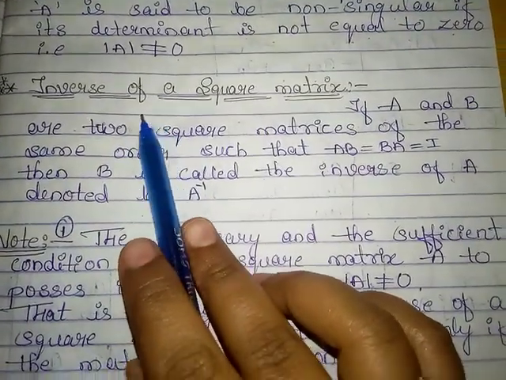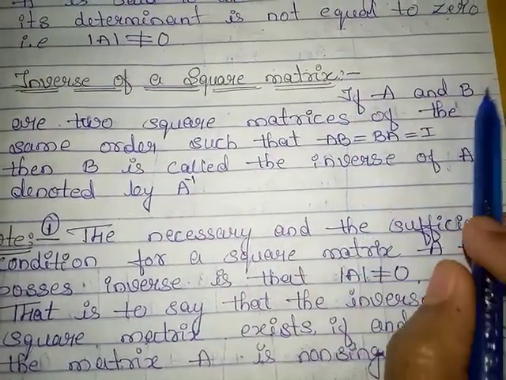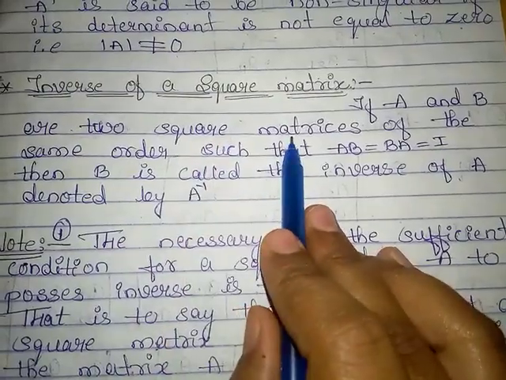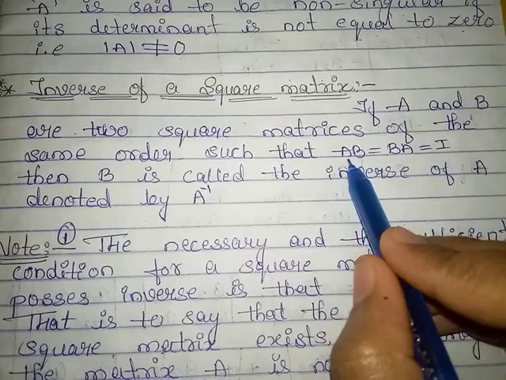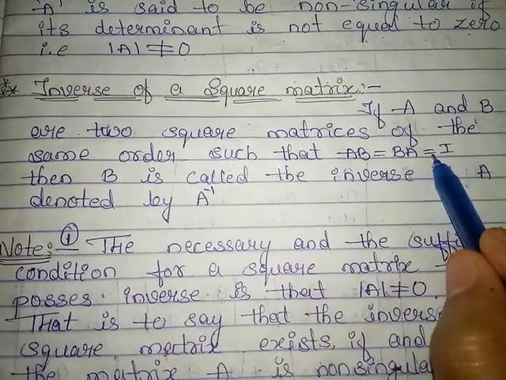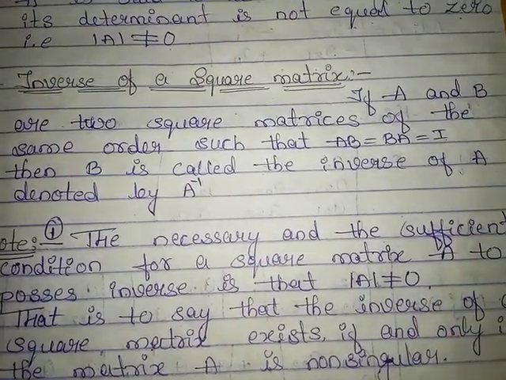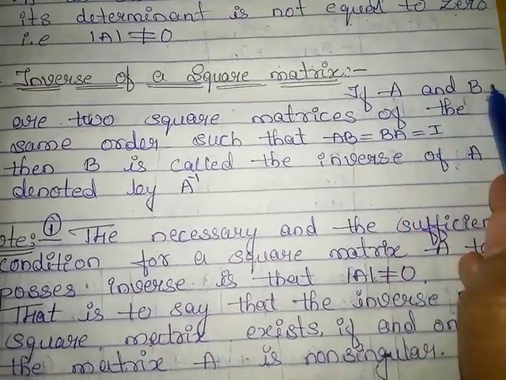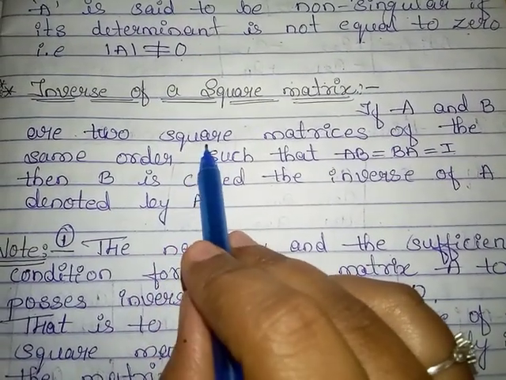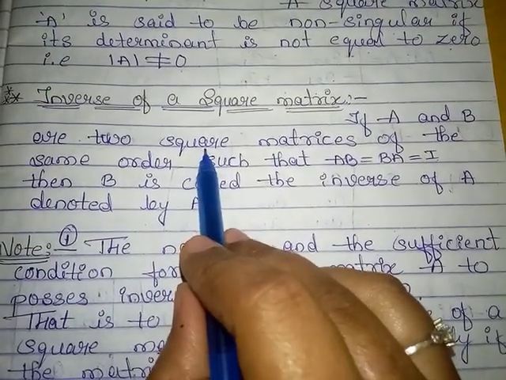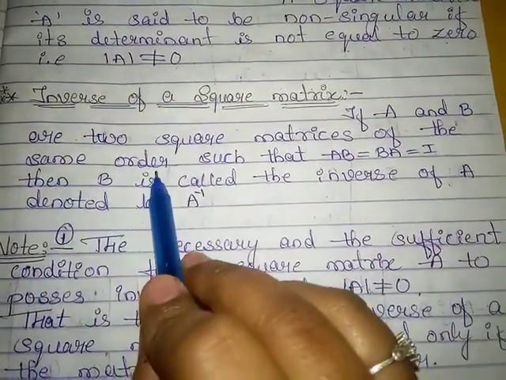Next definition is the inverse of a square matrix. If A and B are two square matrices of the same order such that A into B is equal to B into A is equal to I, it means we have to consider two matrices A and B which are of the same order, which means both are square matrices of the same order.